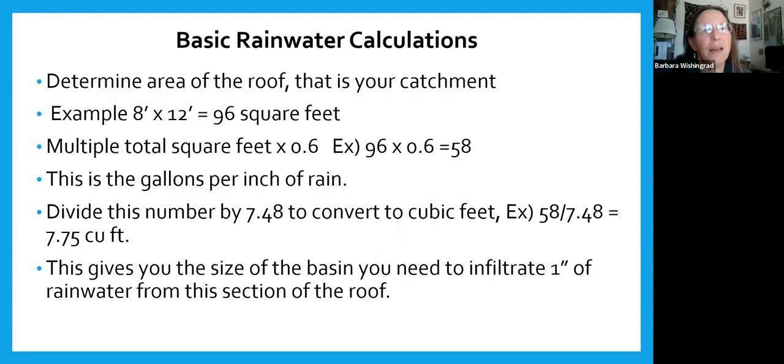But when you talk about that 7.75 cubic feet, if you're creating a swale that has sides that are 30 degrees, so that you won't have erosion on the sides, then you have to count what's inside the swale, the internal number, not the external measurement. I hope that made enough sense to people. So next.